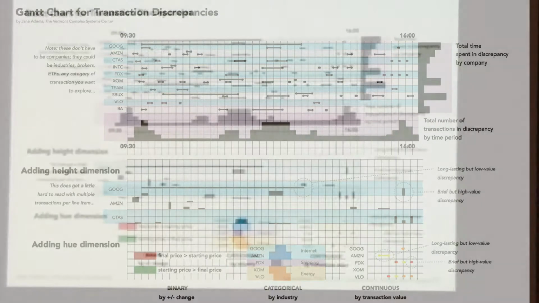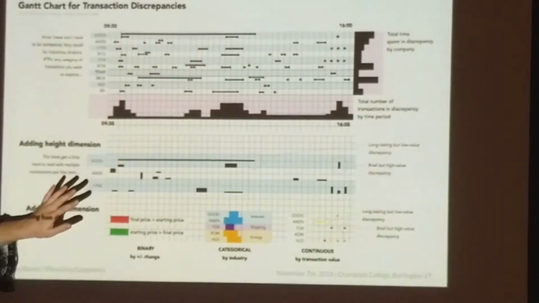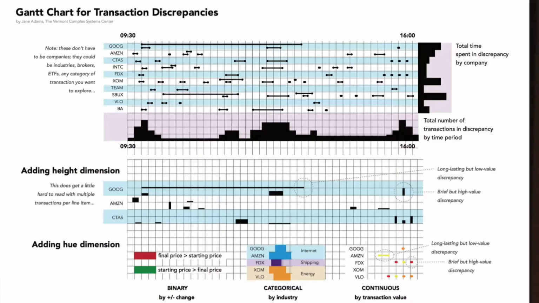Either with a spatial dimension, adding hue, or just showing representational changes in the quantities of those data. So that was helpful for him because then he was able to take that visual hypothesis back to his data set and create his own visualizations based off of the conversation that we had.